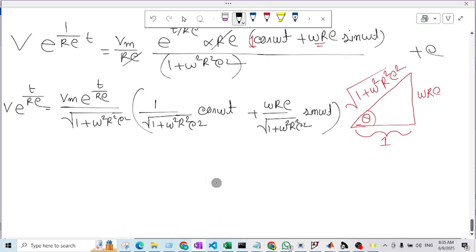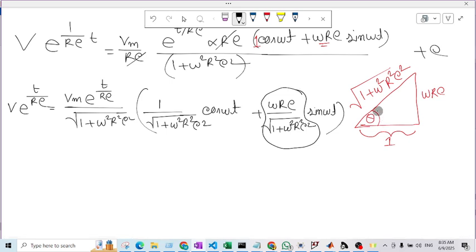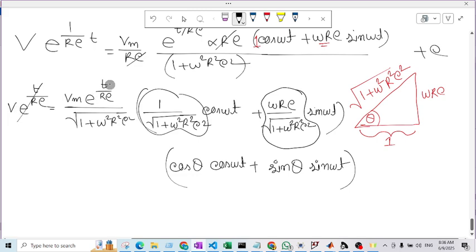So what is this? First tell me what this is. From this triangle, we can simply write that this is equal to sine theta, right? And from this equation we can simply call this cos theta. Here e to the power t by RC.